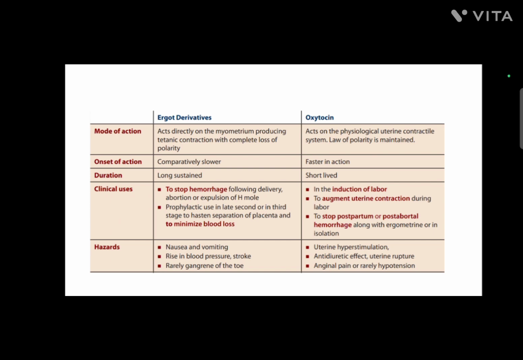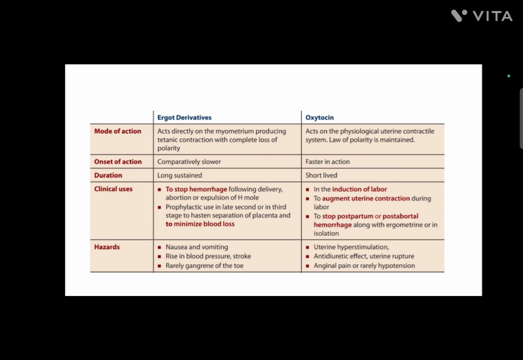In the case of oxytocin, we have to monitor the uterine contractions, and input-output charting is also very important. Whatever I said in the last class, you can go check it out, the oxytocin derivatives in the last video. An antidiuretic effect will be present, and water intoxication is a side effect of oxytocin.